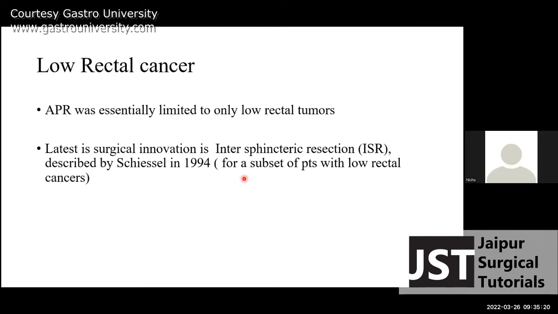So for all the rectal cancer tumors, initially APR was the operation for all the low rectal cancer tumors. The innovation of intersphincteric resection, which was defined by Schiessel in the year 1994, came in for a subset of the low rectal cancer tumors, wherein they could do a sphincter preservation surgery as opposed to an APR.